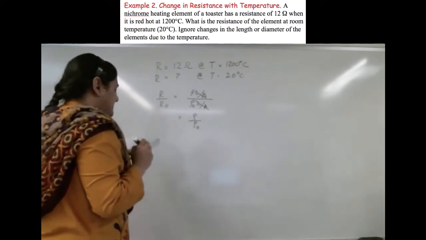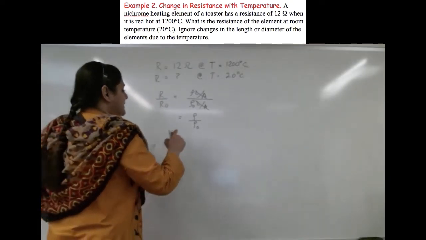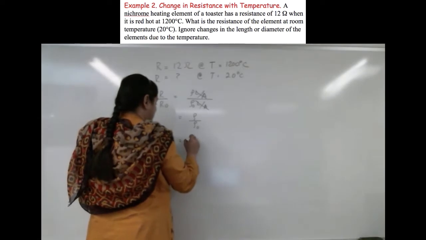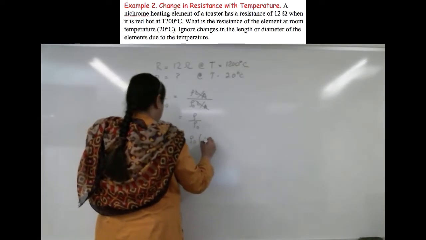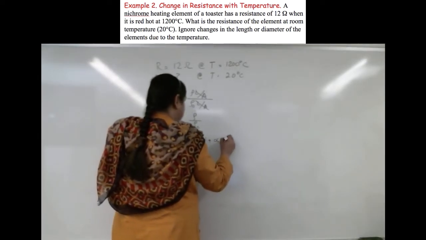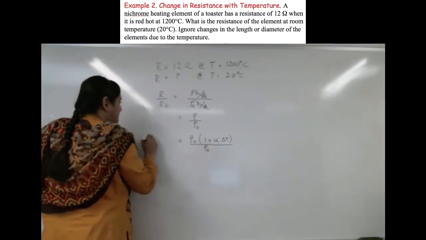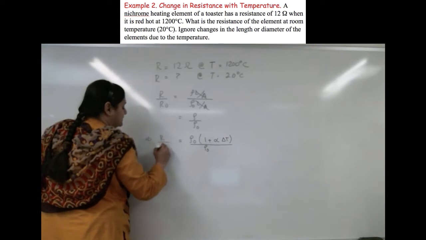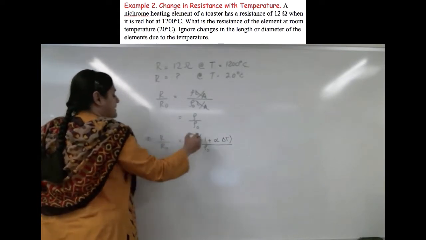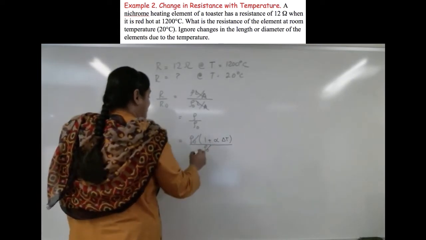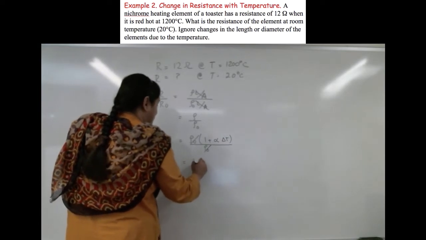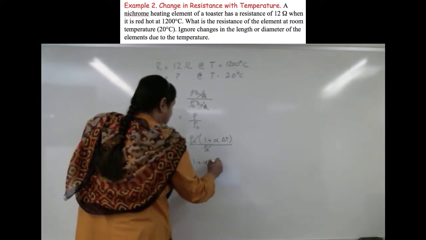What is rho? Rho is rho naught times 1 plus alpha delta T. So this implies my R over R naught will be this. This goes away, and what do I get? 1 plus alpha delta T.